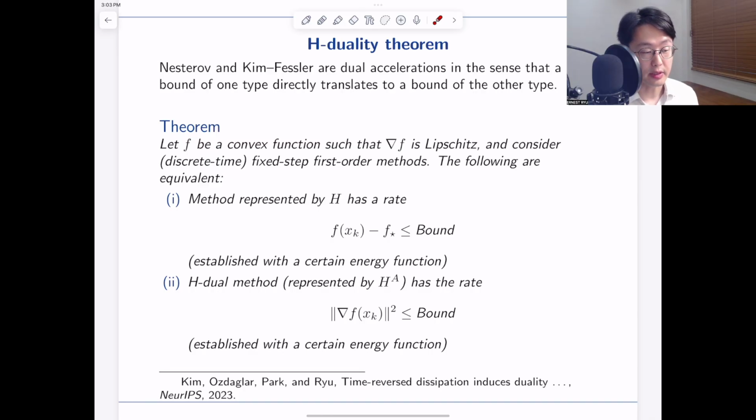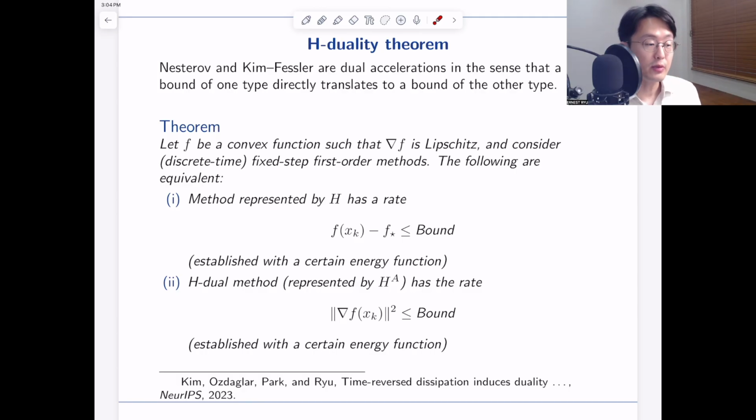This is a duality result on the optimization algorithms. And the Nesterov acceleration and the Kim-Fessler acceleration are dual accelerations in this sense of H-duality, in the sense that the bound of one type directly translates to the bound of another type.